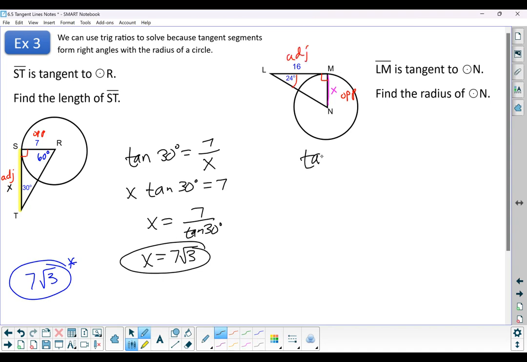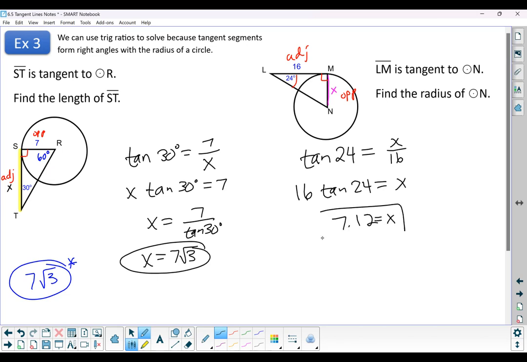So we can do the tangent again. Tangent 24 equals x over 16. And we are almost there. We need to multiply both sides of our equation by 16. And I got 7.12 for x.